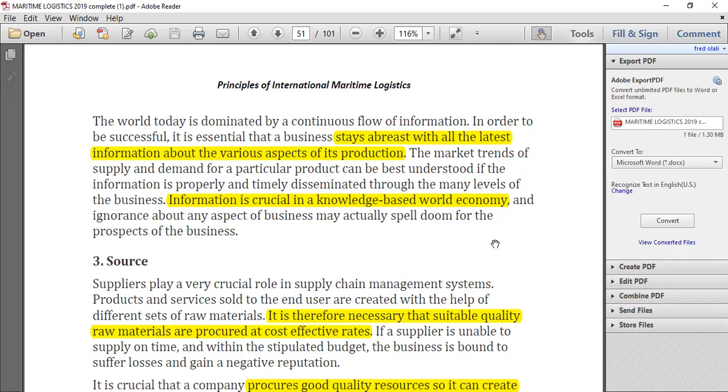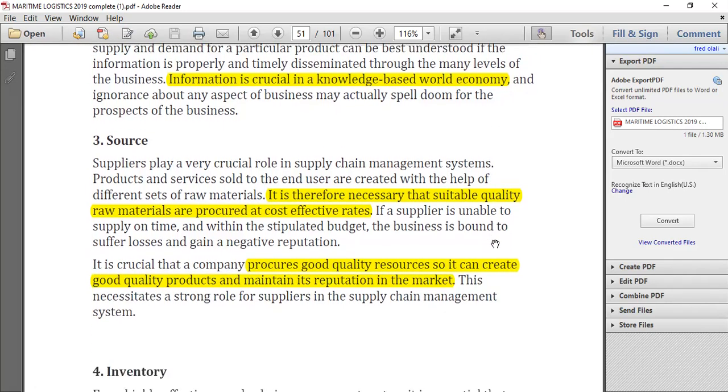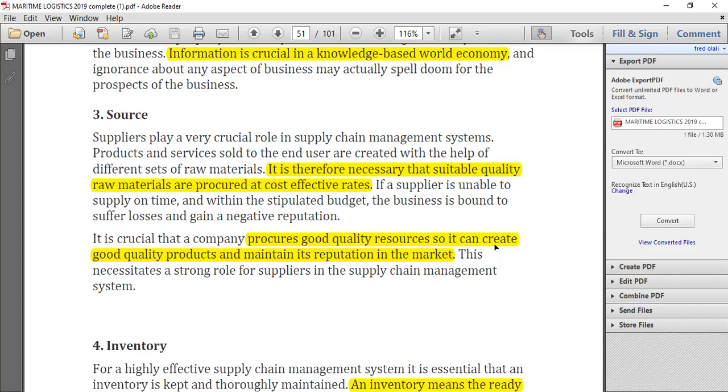Then the third component is the source. Remember that in a supply chain, there is always the material required for the processing of the final product, and the way the final product leaves the factory until it reaches the final consumer. So the source is very key, and suppliers play a very crucial role in supply chain management systems.